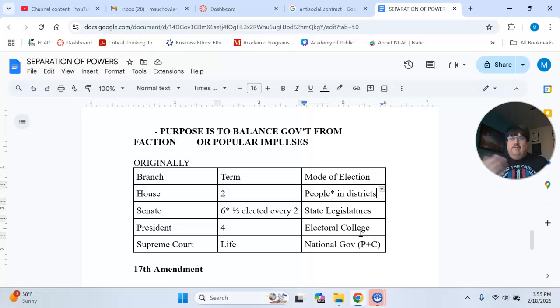If it was 11, 11. If it was 53, 53. Then the people that live in that area will choose the representative that goes to Congress for that. So not only are we balancing it for the people to choose this, we're also subdividing the people into different areas in order to allow them a voice, but only for their particular area.